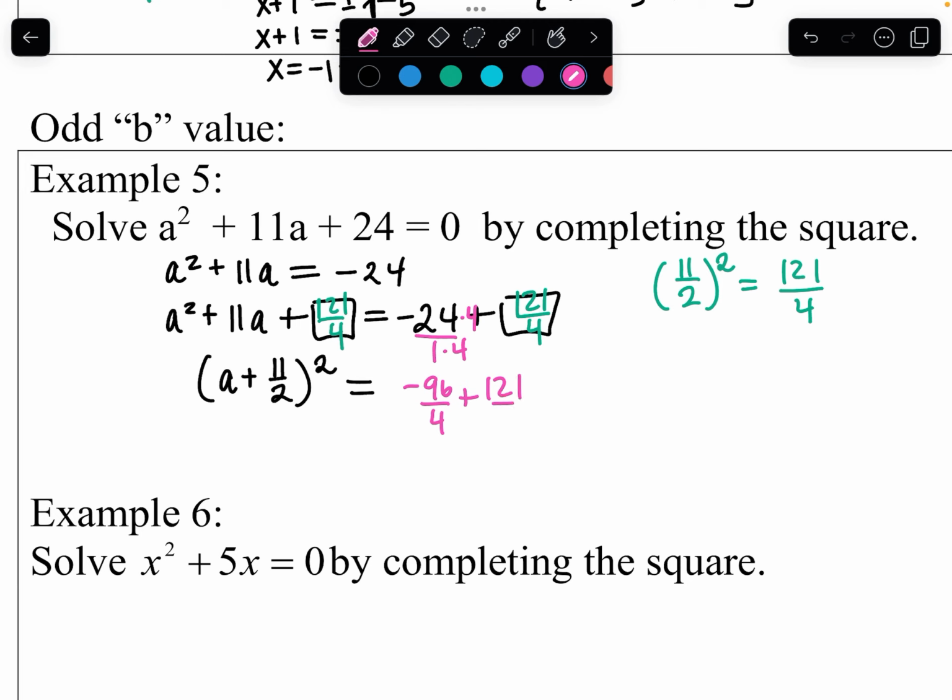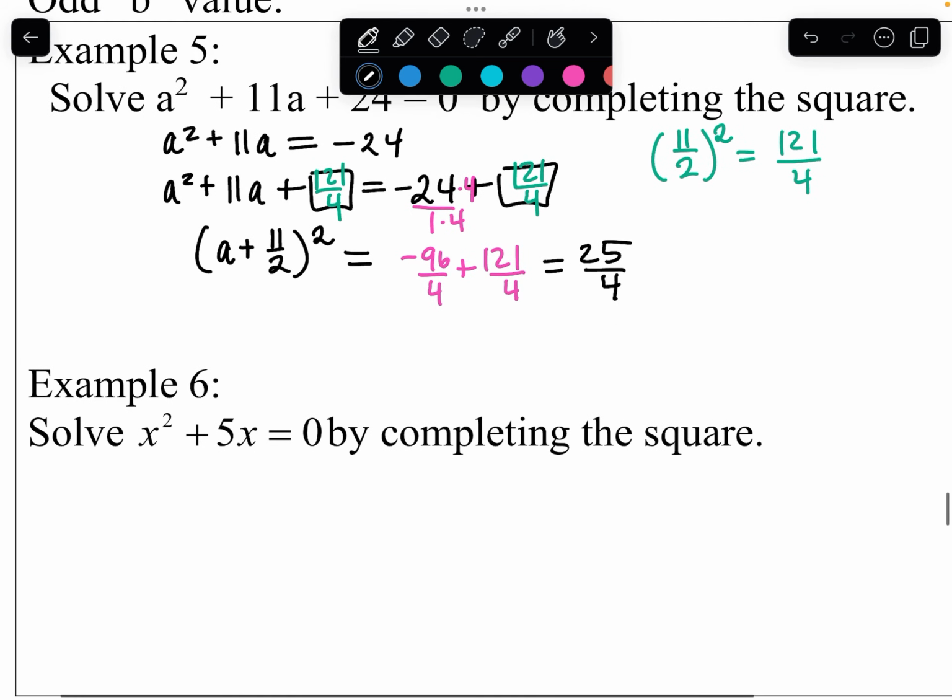Plus 121 over 4, which is 25 over 4. Okay, and so I'm going to rewrite that here before applying the square root property.